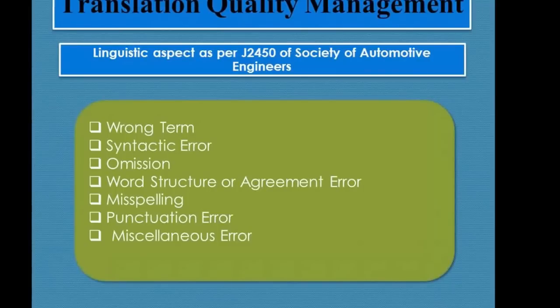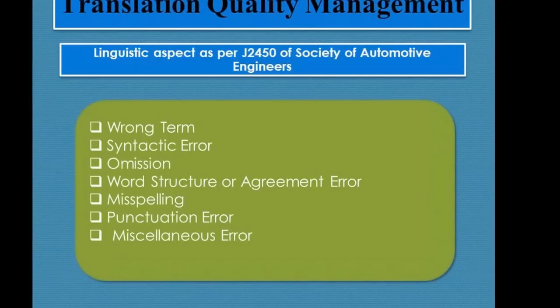So these are all linguistic errors, and if you are not controlling these errors, whatever best things you do in your work, your translation is of no use to the client. For example, with a wrong term, one word can have 50 meanings, and that is what you have been hired for: you don't put all the Tom, Dick, Harry meanings, you put the exact meaning that is required.